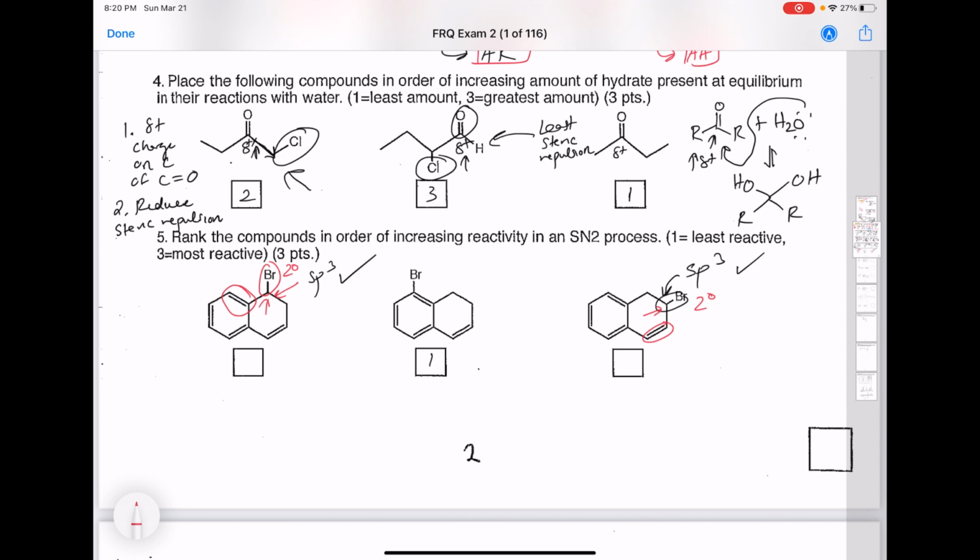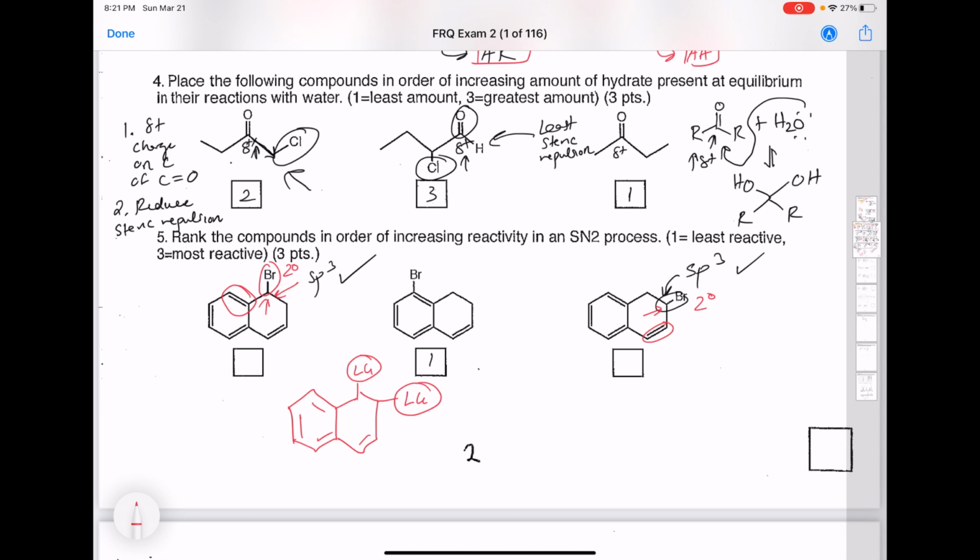And this is where the concept of the benzylic position comes into play. For any substituent, especially in an SN2 process, if you have a leaving group in the benzylic position, specifically 1 carbon away from a benzene ring, there is a whole lot more resonance stabilization in that position as compared to, say, this position.